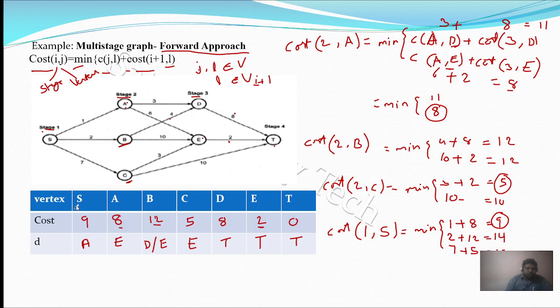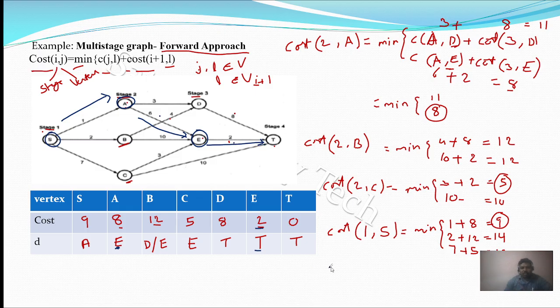So S to A, then A to E, and in E that is T, only one edge is there. The total cost is 1 plus 6, 7 plus 2, that is 9.